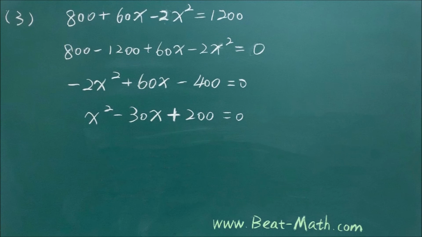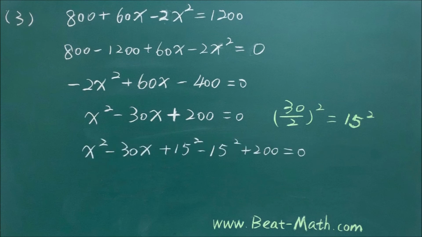Okay, let's try it. First we add and subtract (30 over 2) squared to get 15 squared on the left side of the equation and get x squared minus 30x plus 15 squared minus 15 squared plus 200 equals 0.